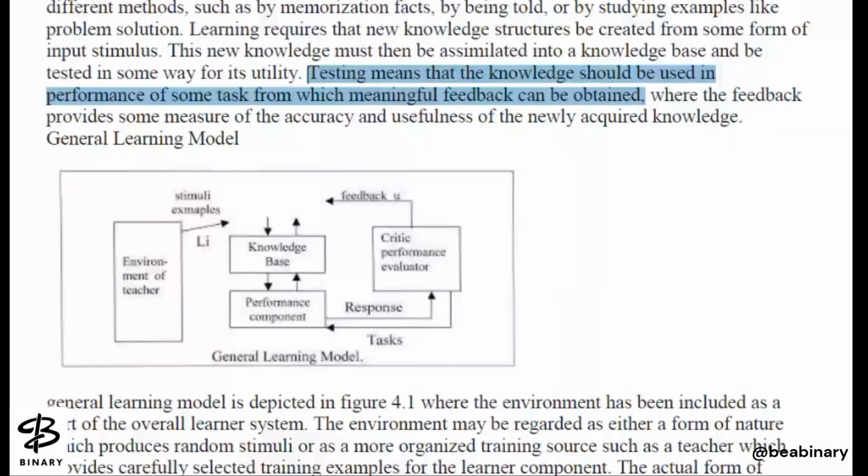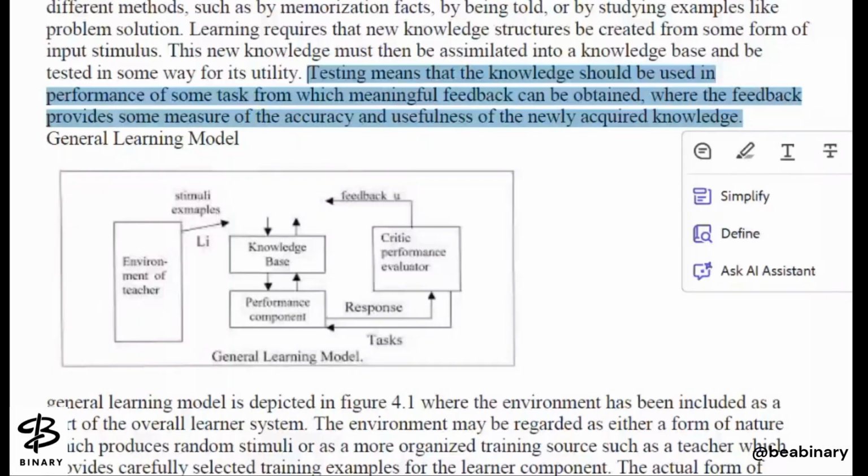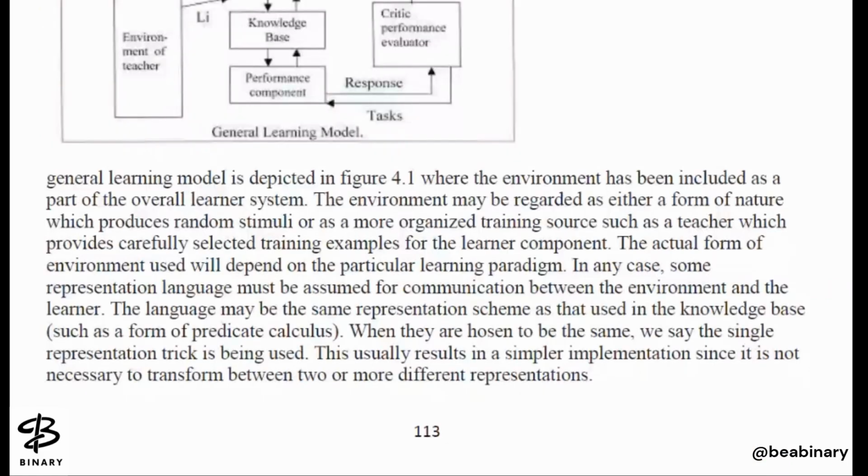That feedback provides some measure of the accuracy and usefulness of the newly acquired knowledge. So if a question is asked in your exam related to the general learning model, what diagram can you draw? The components are: environment or teacher, stimuli examples, knowledge base, performance component, response, and the critic performance evaluator.